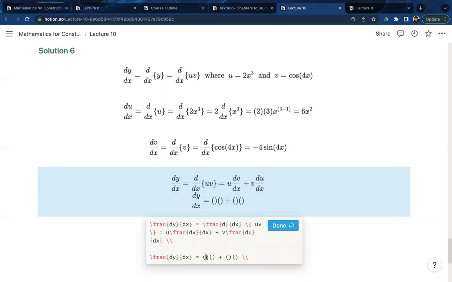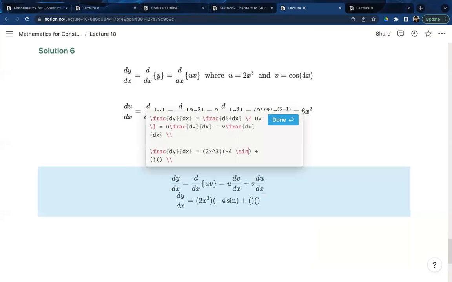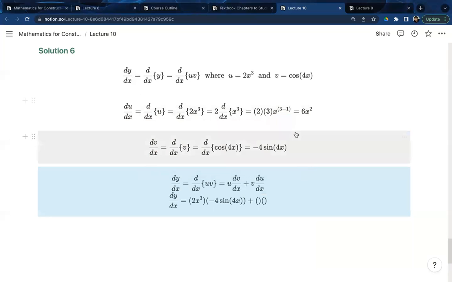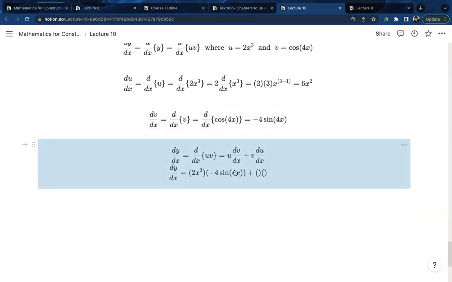So the first thing is u. u is 2x cubed. dv dx, what's dv dx? Minus 4 sine 4x. Okay.